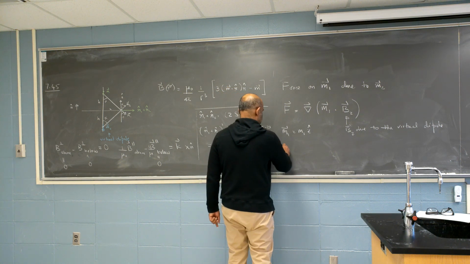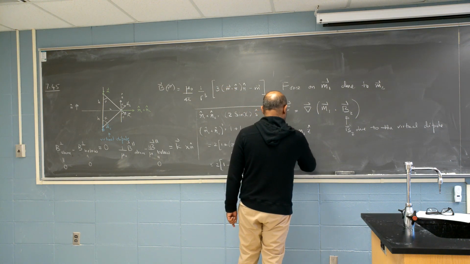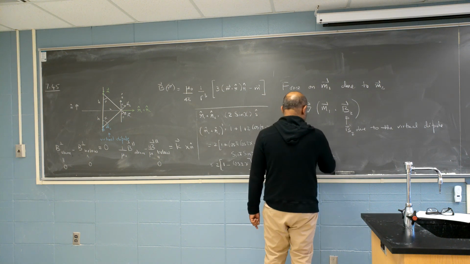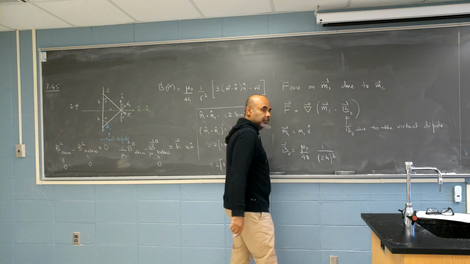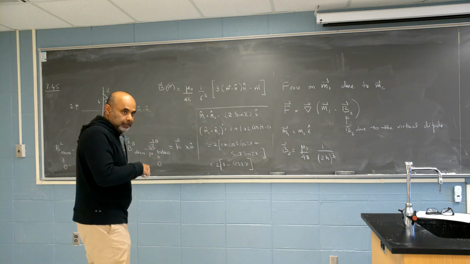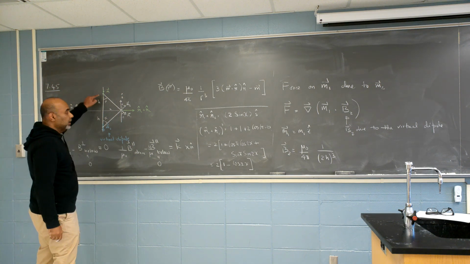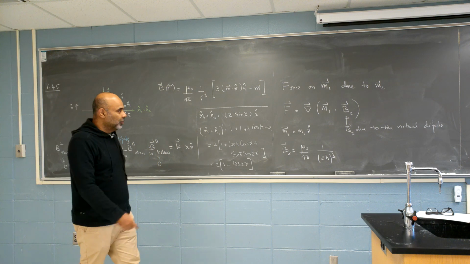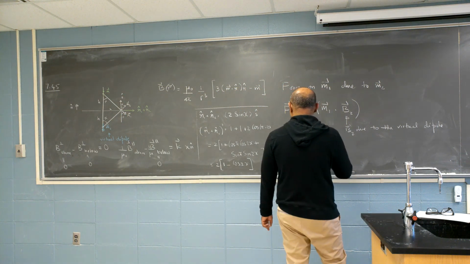B2 is equal to mu 0 over 4 pi, 2h cubed. The distance is 2h. You don't have to worry about all the details, but I'll tell you why I'm cheating.